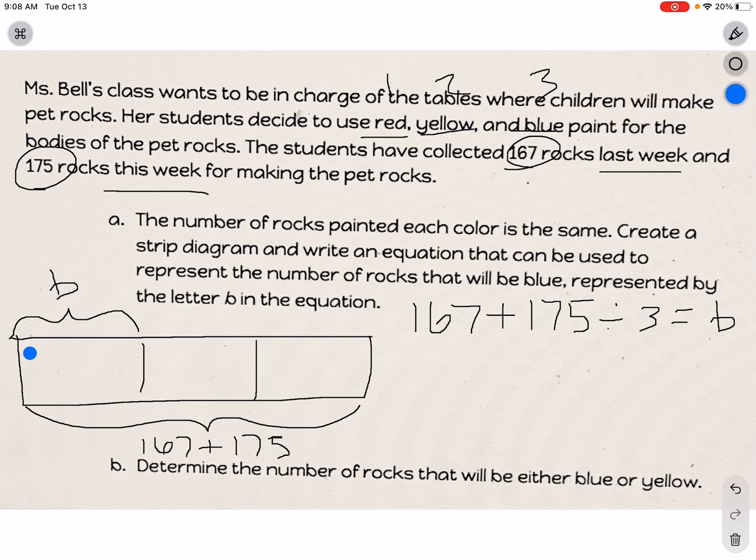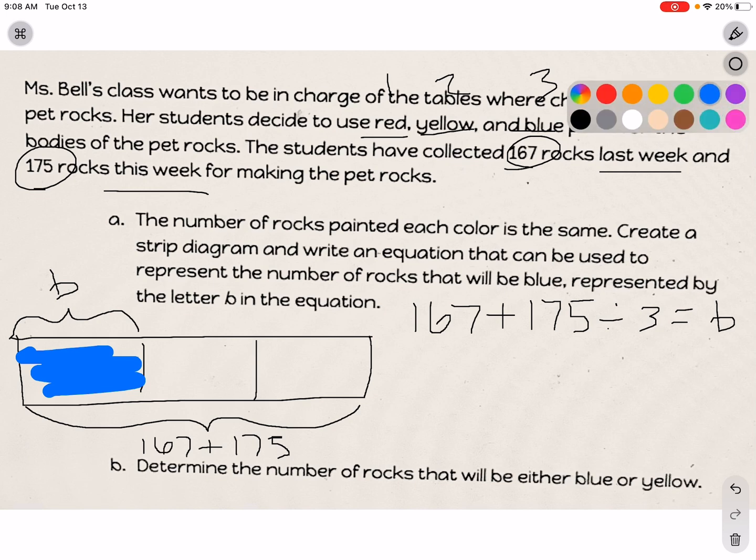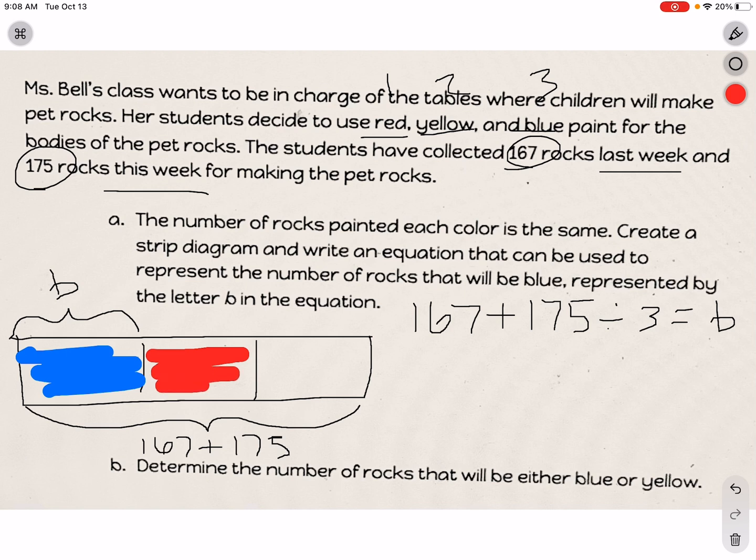If this represents blue, we'll say this box represents the number of rocks we're going to paint red, and this box represents the number of rocks that we're going to paint yellow.